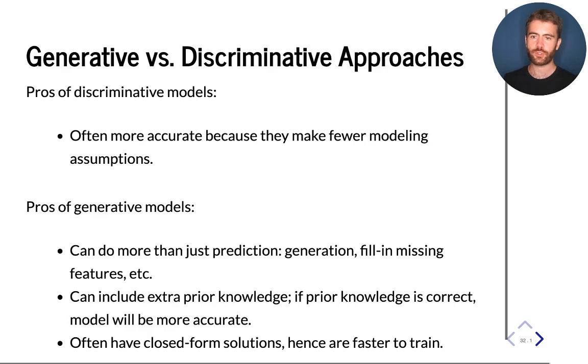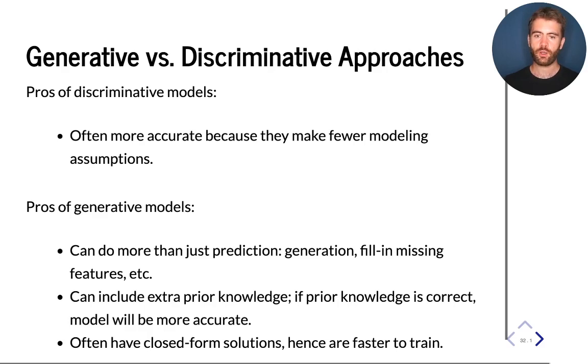And even if we're interested in prediction, we might still want to use a generative model if, for example, we're missing certain features. So if our data comes in and sometimes some of the features are not measured, well, if we have a model over X, then we can generate these missing values and then we can perform prediction. So generative models have this functionality that discriminative models don't.